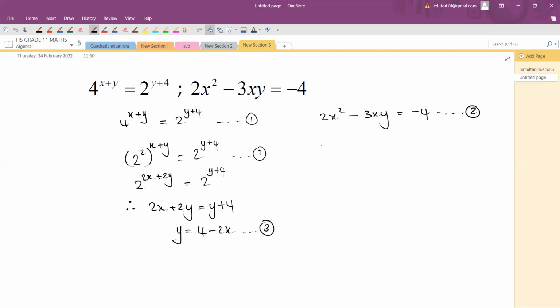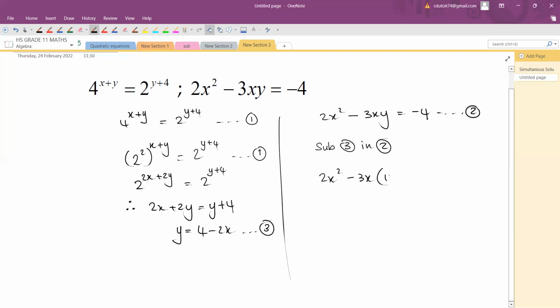So now I'm going to substitute 3 into 2. You can't substitute 3 back into 1 because then you'll just get 0 equals 0 because that's basically the same equation. So everywhere there's a y, I'm going to write 4 minus 2x. So that's 2x squared minus 3x, and instead of a y, I'm going to write 4 minus 2x, and that equals -4. Good.